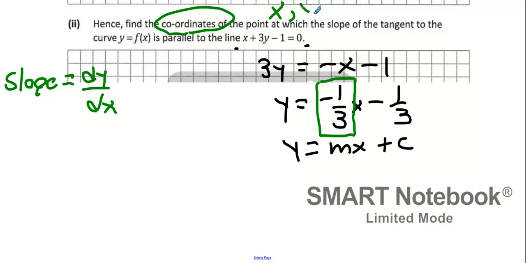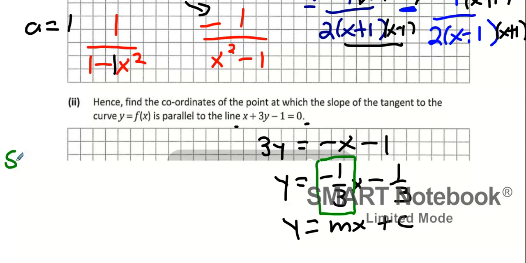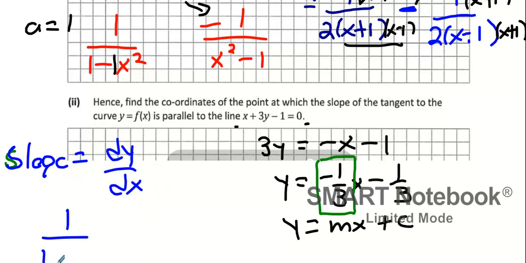We're looking for coordinates, which means I'm looking for an x and a y. So what did we say it was earlier? Slope equals dy dx, yeah? And then it's 1 divided by 1 minus x squared equals minus a third.